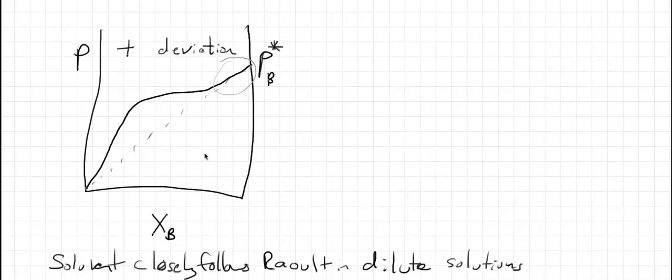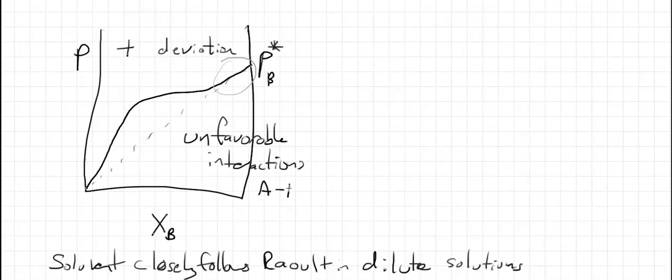This is something we see when we have unfavorable interactions between A and B. And it doesn't mean that A and B necessarily repel each other. It just means they attract each other less strongly than they attract themselves. So the AA and the BB interactions are stronger than the AB interactions.